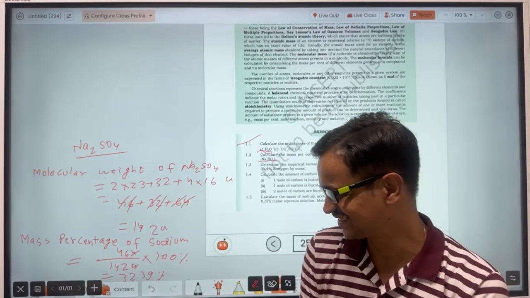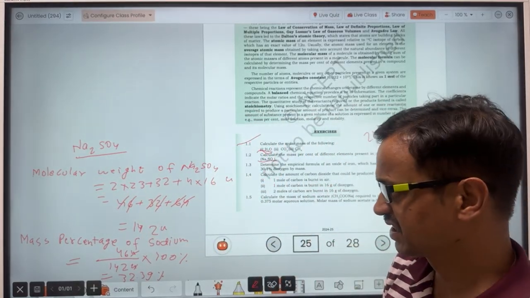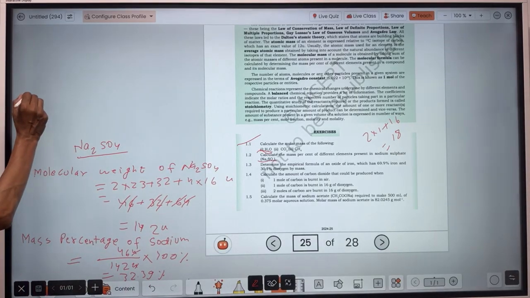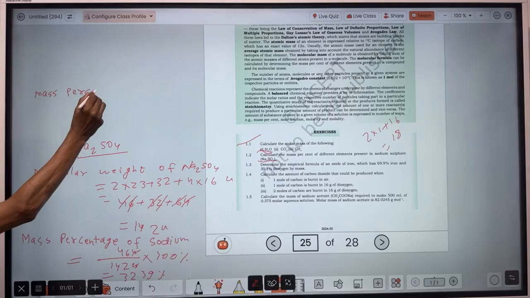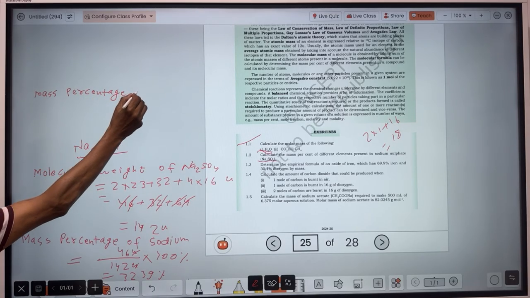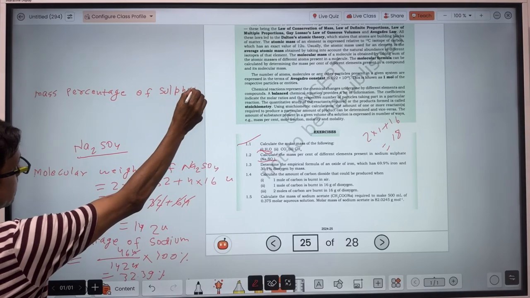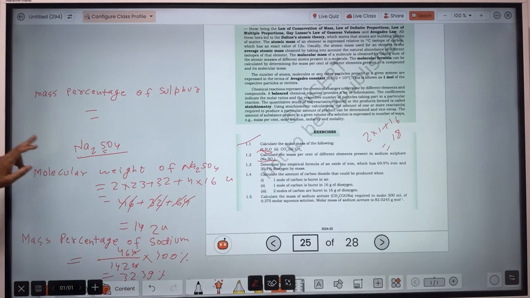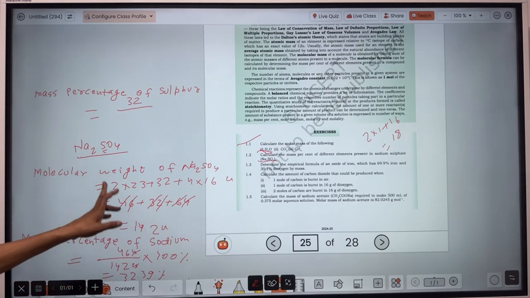Okay guys, easy it is. Now in the same way you can calculate the mass percentage of sulfur. So let's see here. Total weight of sulfur is how much? 32. So that will be equal to 32 upon the molecular weight of Na2SO4, which is 142.